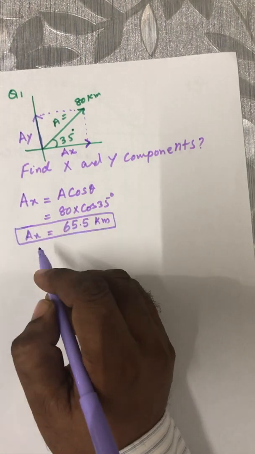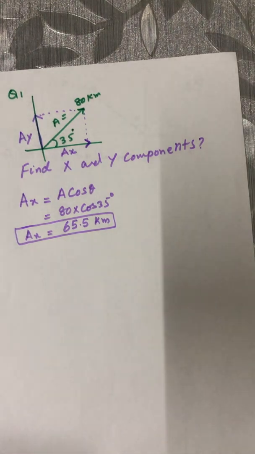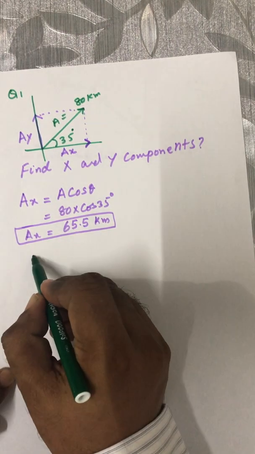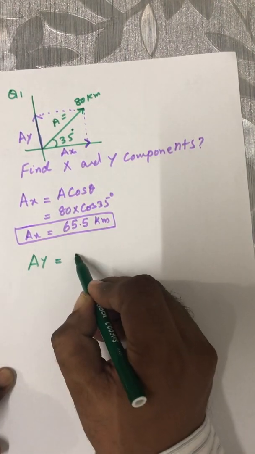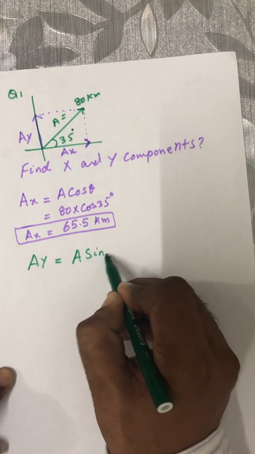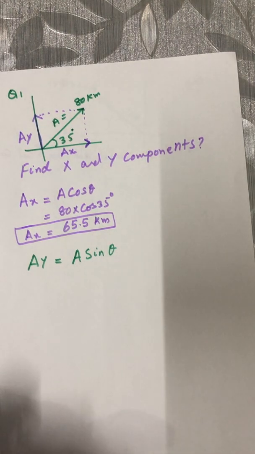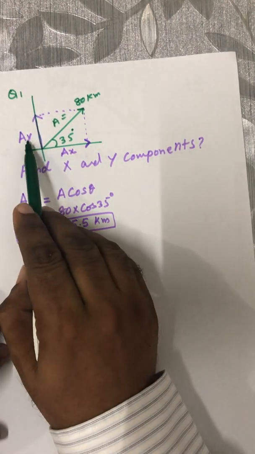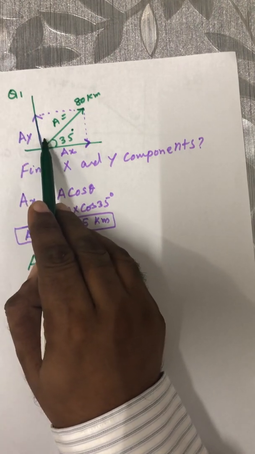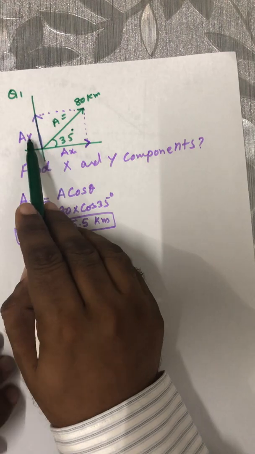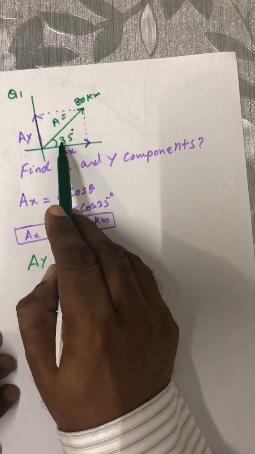Now we are going to find the y component. Now Ay will be equal to A sine theta. Again, I am telling you why we are using sine theta here: the y component of vector A is not touching the angle, it is not adjacent to the angle.